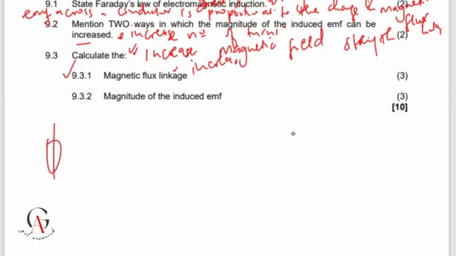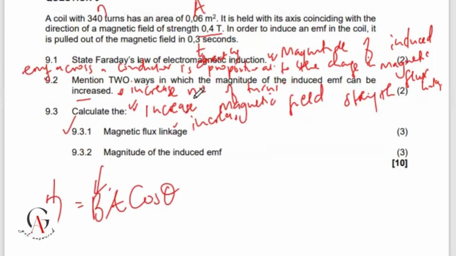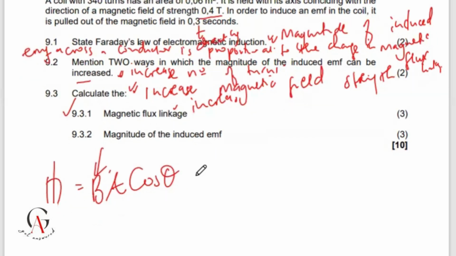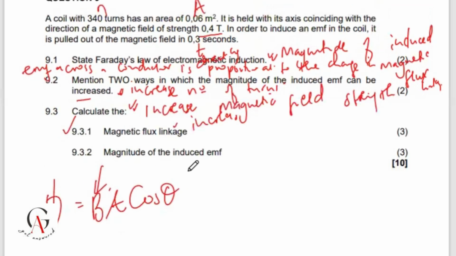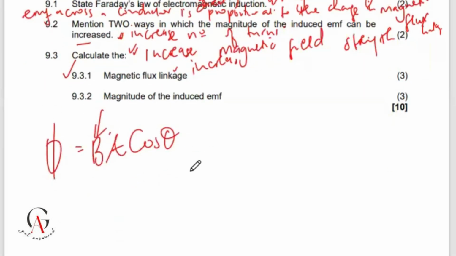So magnetic flux linkage, known as phi, must be given as BA cos theta. So we know that B is the magnetic strength, A is the area, and then theta will be the angle of interest. Now, for us to get the maximum induced EMF, theta must be 0.